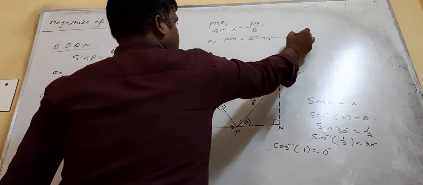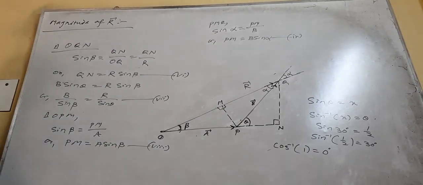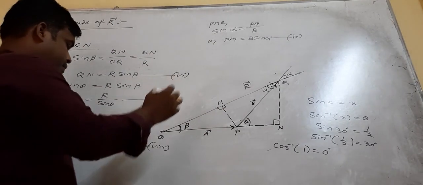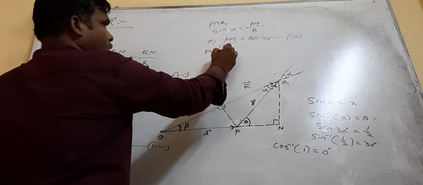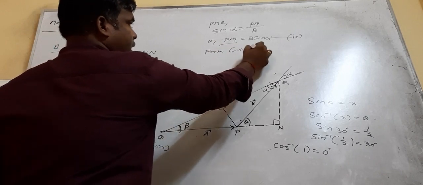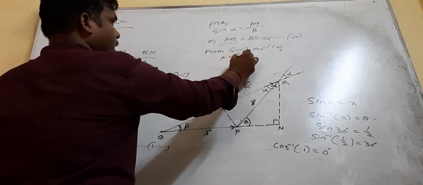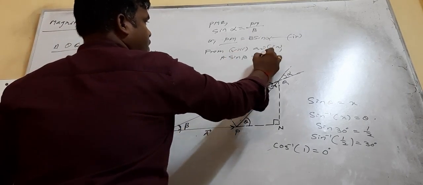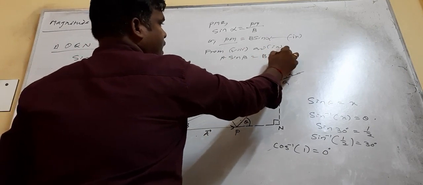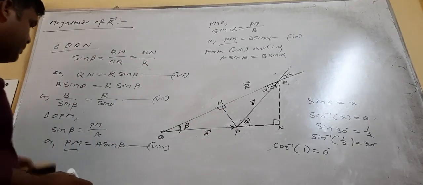It is equation number 9. So you compare 8 and 9. From equations 8 and 9, PM is common, so A sine beta is equal to B sine alpha.